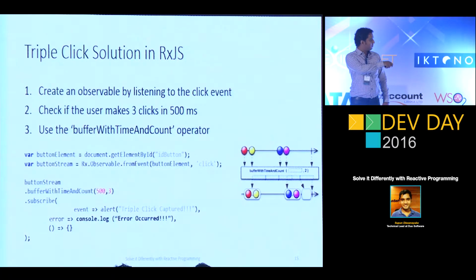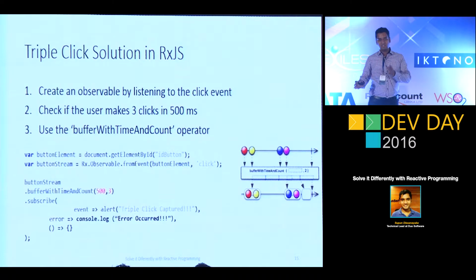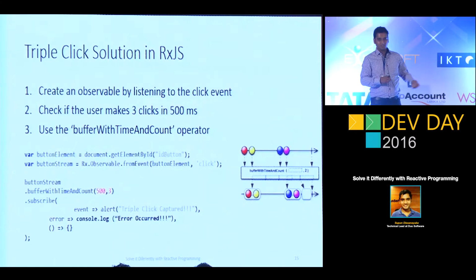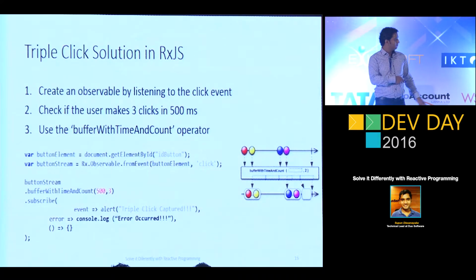This is the one custom operator that I have created. I'll share the link at the end of the slides so that you can check that out in GitHub. What it does is that if we apply a time span and a count, it will trigger the triple click event if the user clicks 3 times in 500 milliseconds.